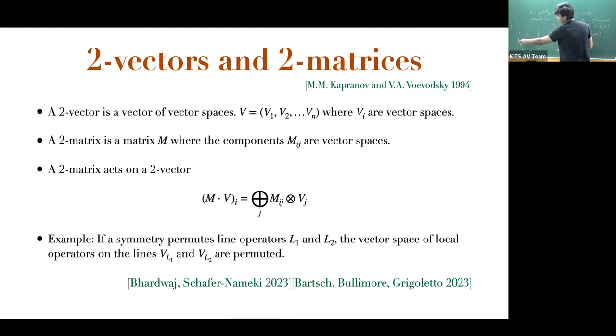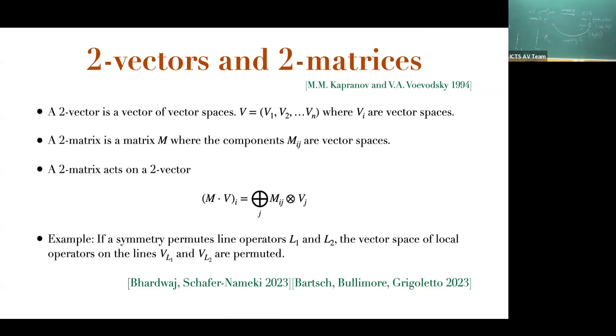The Hilbert space of local operators sitting on L1, I will call it HL1, and the Hilbert space of local operators sitting on L2, I will call it HL2. So this action, which is permuting these lines, is actually permuting two Hilbert spaces, if you take into account local operators living on lines. These kinds of permutation of Hilbert spaces actually do occur in theories we're interested in.